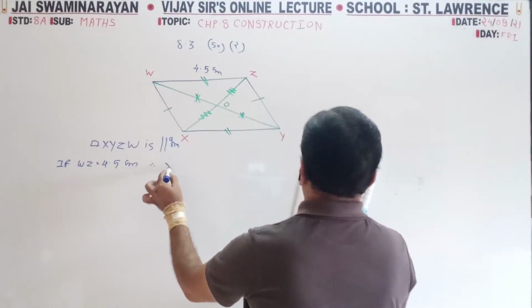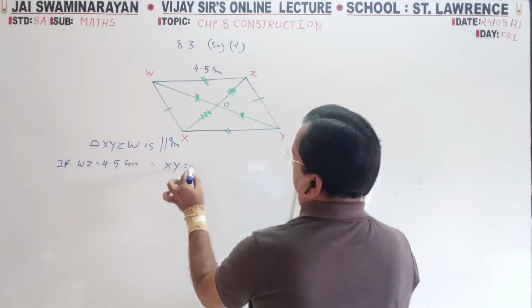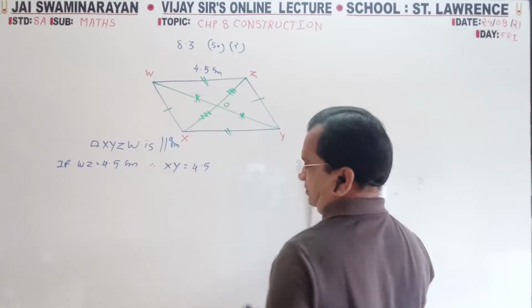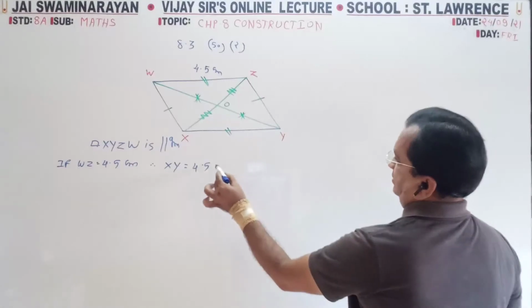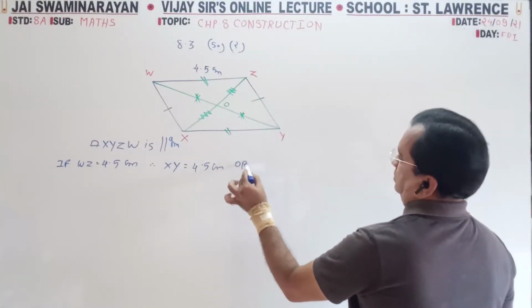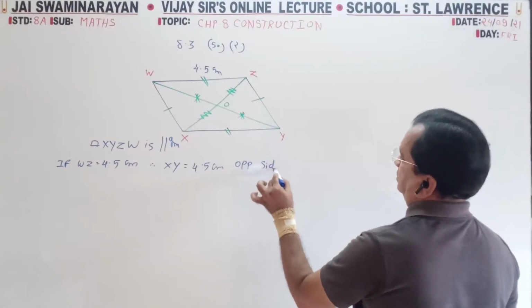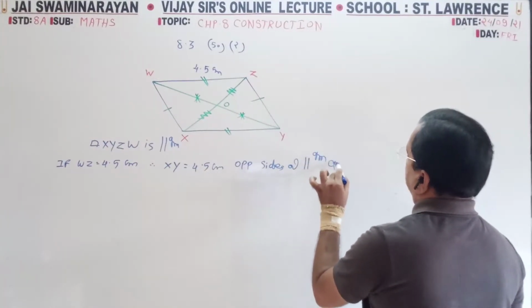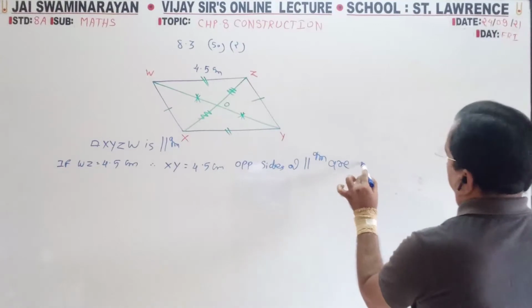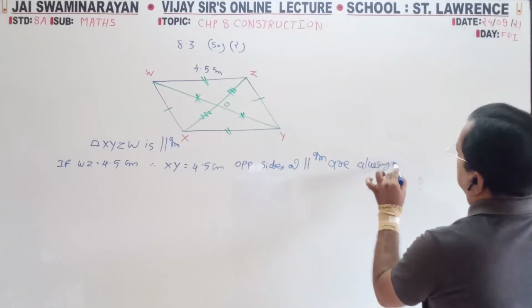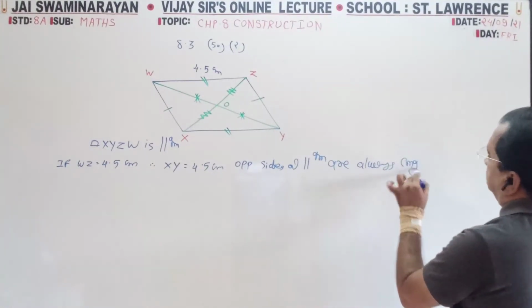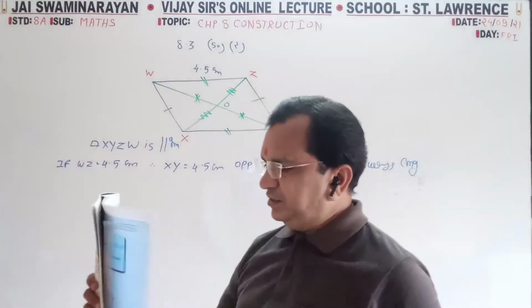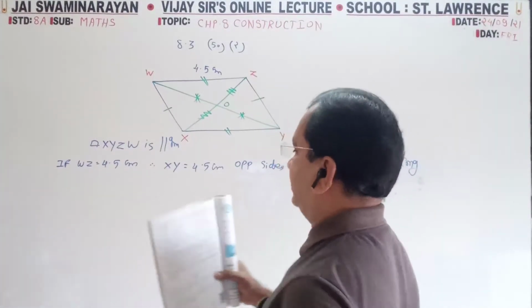Therefore, XY also is 4.5, because opposite sides of a parallelogram are always congruent.